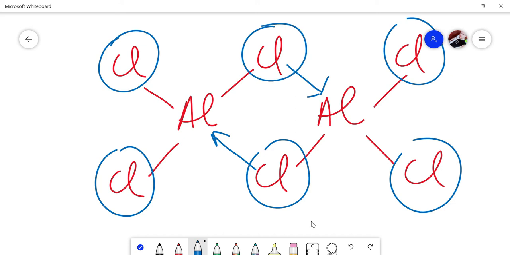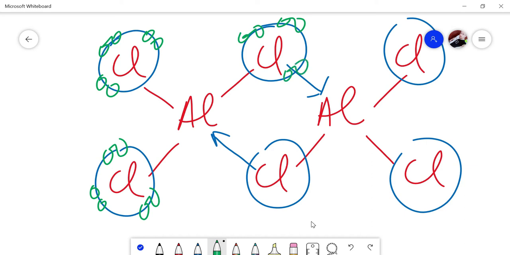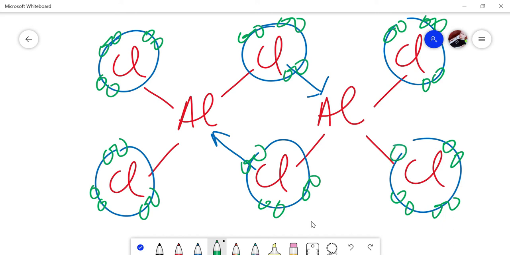Now let me put all the electrons in. 1, 2, 3, 4, 5, 6 on each chlorine. I'll put the 7th one later on. Now the dots here, and put the crosses for aluminium.